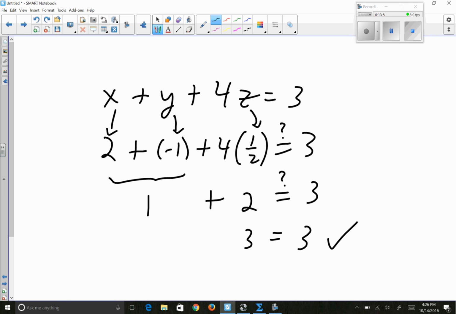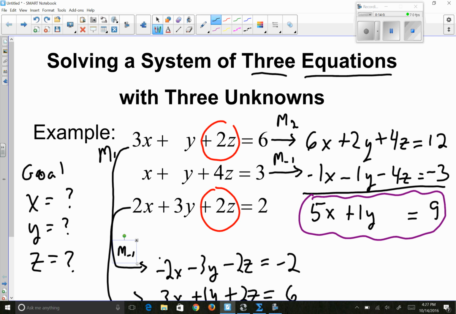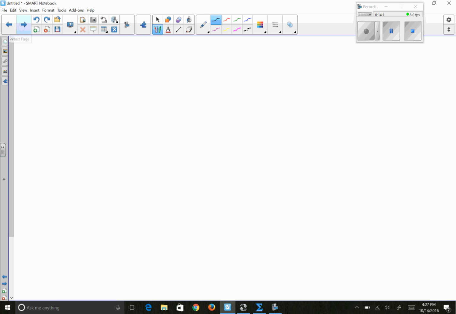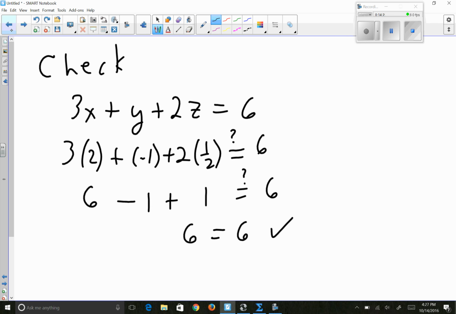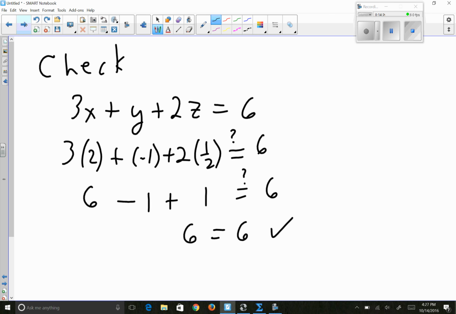And there's one more check. We have to make sure all of the equations are true. So I have to go back and see what the third equation was. 2x plus 3y plus 2z equals 2. This equation has to be true when x is 2 and y is -1 and z is 1/2.